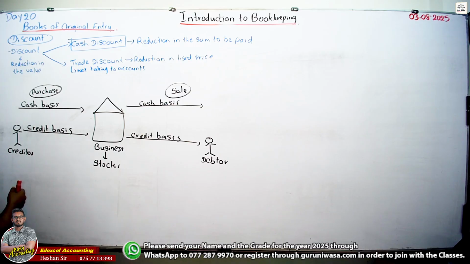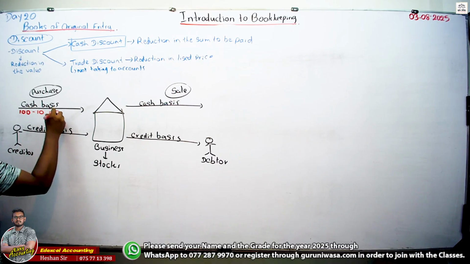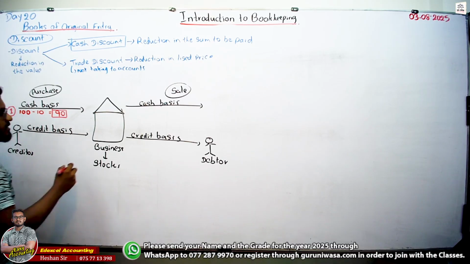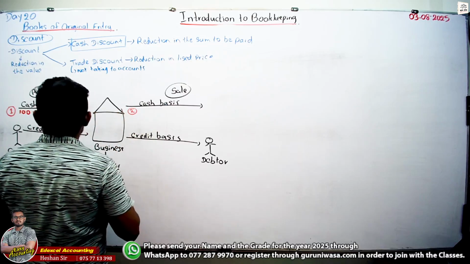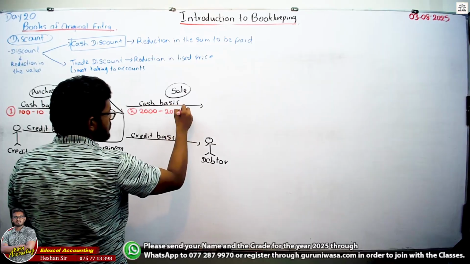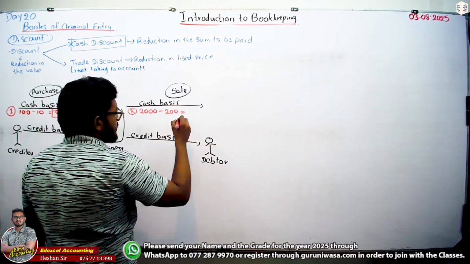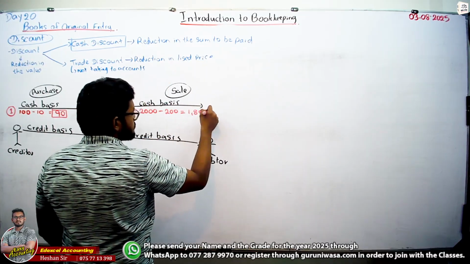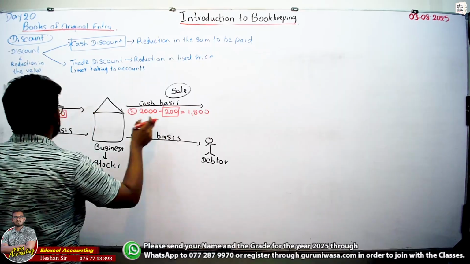If there is any reduction in the listed price, think the listed price is 100, deducting 10, so we are paying 90, in transaction number 1. In transaction number 2, our cash selling price is 2000, we are giving 200 discount, so the customer only needs to pay 1800. These are trade discounts.